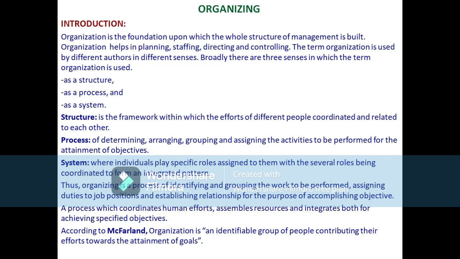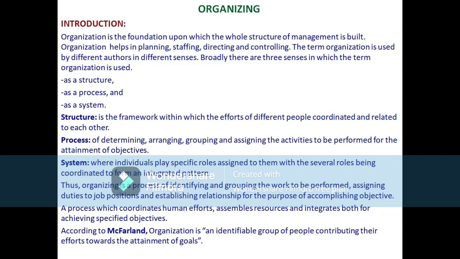Coming to structure, what does structure mean? It is the framework within which the efforts of different people are coordinated and related to each other. Organizational structure refers to the network of relationships among individuals and positions, that is, job positions in an organization. McFarland defines it as an identifiable group of people contributing their efforts towards the attainment of goals.